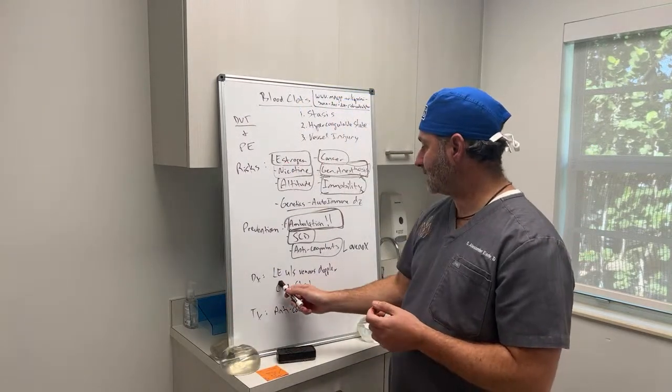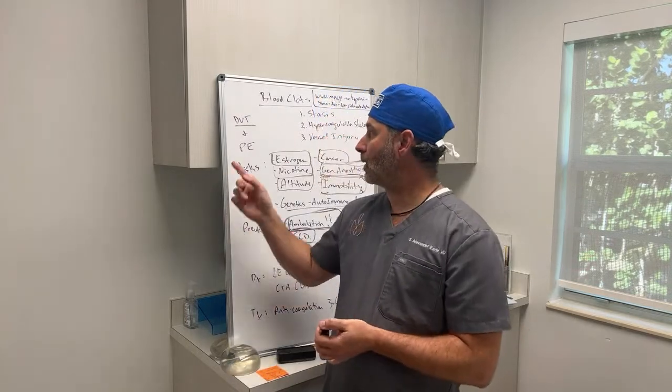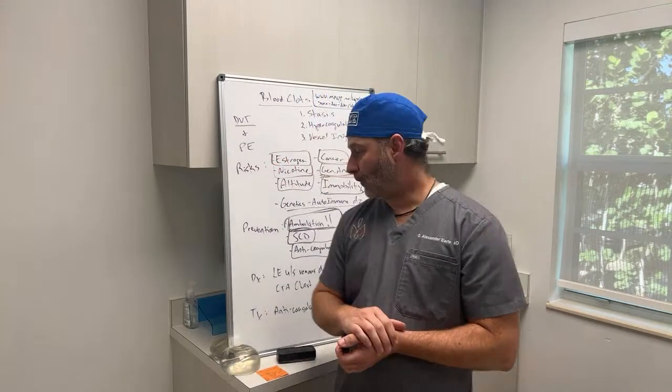And then the other test is what's called a CT angio of the chest, and that's what's going to look for your pulmonary embolus. These are the two very, very important tests once you get to the ER. If both of these are negative, good. If any of these are positive, then you're typically going to be admitted for treatment.